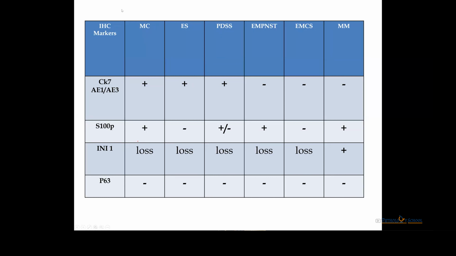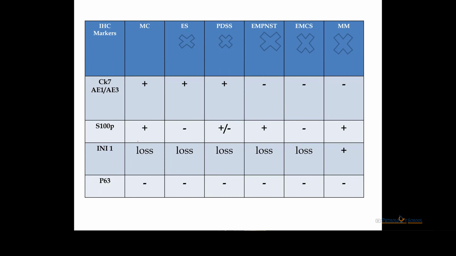Summarizing the IHC markers, cytokeratin positivity as well as pancytokeratin positivity rule out the possibility of epithelioid MPNST, extraskeletal myxoid chondrosarcoma as well as malignant melanoma. Then strong positivity of S100 protein rules out the possibility of epithelioid sarcoma as well as poorly differentiated synovial sarcoma, which show focal positivity for the S100 protein. In most myoepithelial carcinomas, the S100 protein is strongly positive.